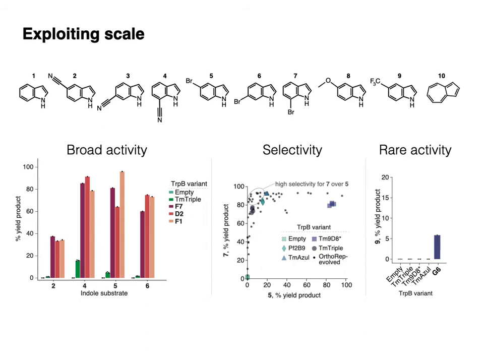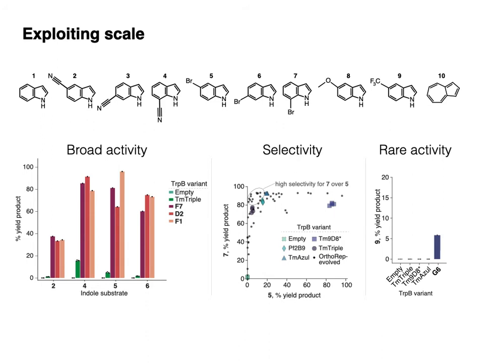I want to just highlight some of the data from the heat map. On the left here, you see that there are several TRPBs, F7, D2, and F1, that have high activity for using a broad collection of indole substrates. In the middle, you see that many of the evolved TRPBs are selective for 7-bromoindole over 5-bromoindole, which may be useful in cases where we want a specific tryptophan analog produced from a messy mixture of indole substrates.